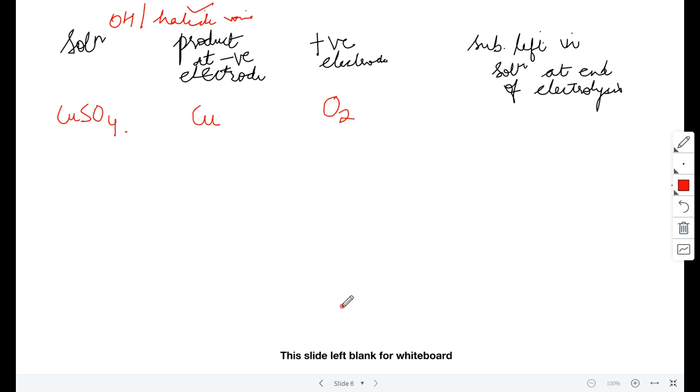When OH ions are present and any other non-metals, the OH is discharged into oxygen, and water is also formed. So O2 will be at the positive electrode. Is it clear to you? Whenever OH is released, O2 and H2 will be formed. Clear? Yes. So now what has been left at the end in the electrolyte? You have to tell me.